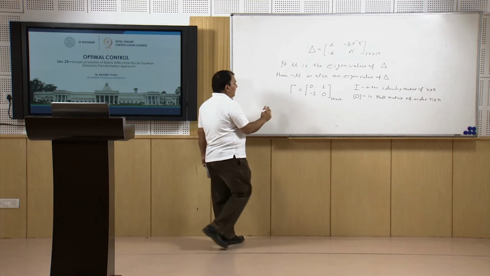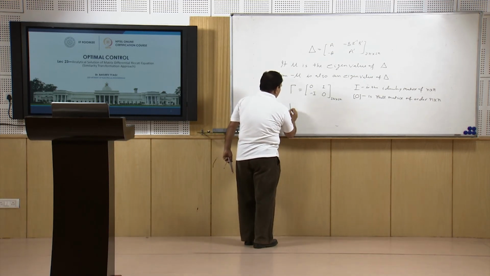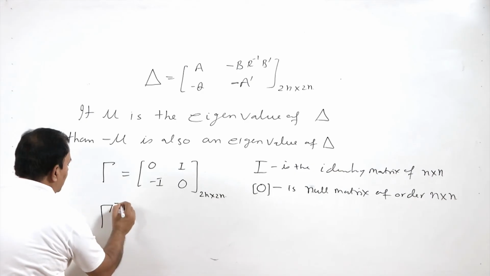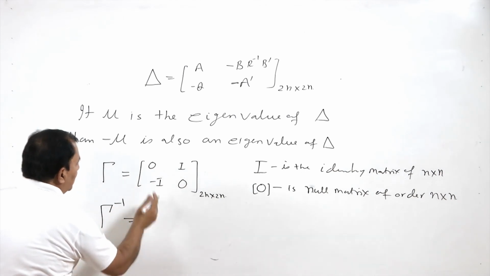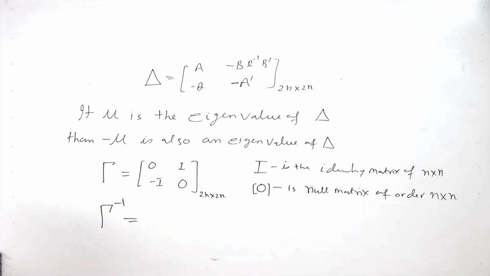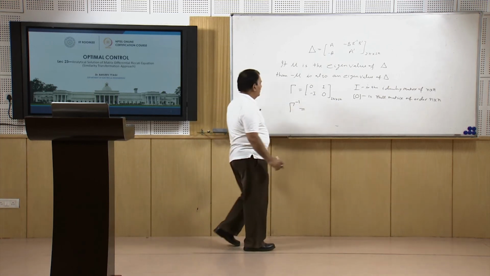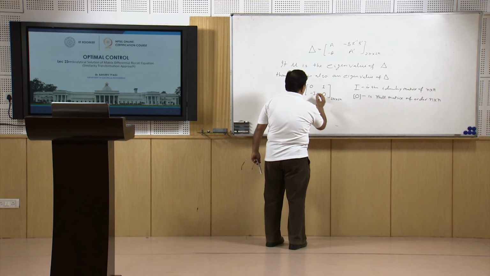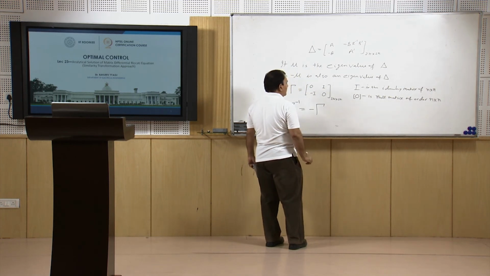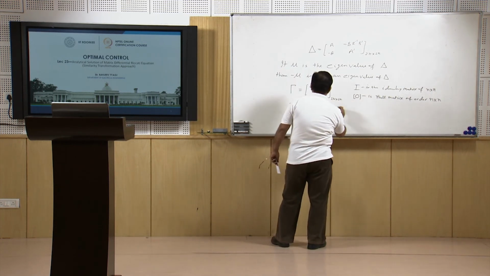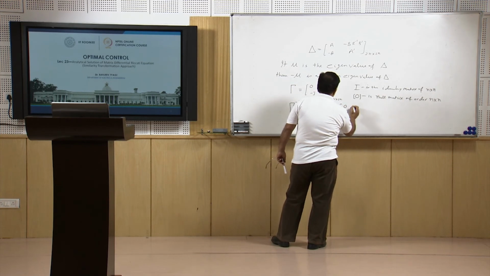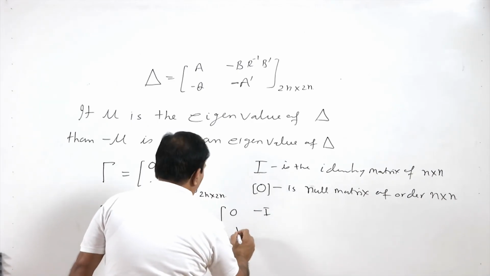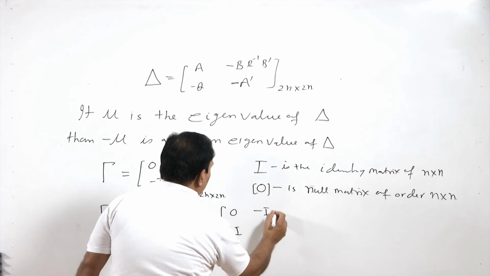The property of tau is, if I take the inverse of this, which I can simply verify, it is nothing but minus tau. This means it is nothing but [0, −I; I, 0].